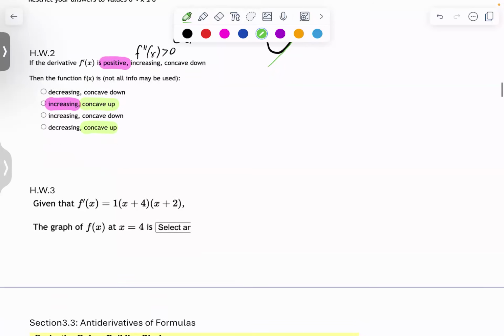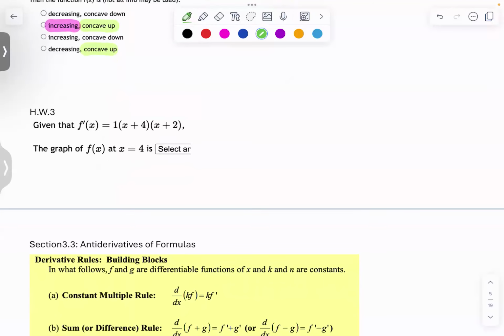And our last part here. So we're given that f prime is x plus 4 times x plus 2. This means x plus 4 equals 0, x plus 2 equals 0.